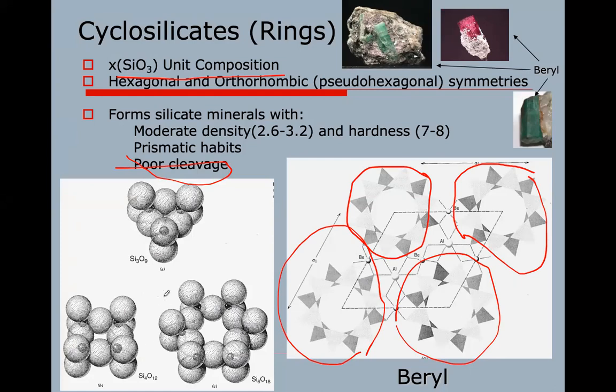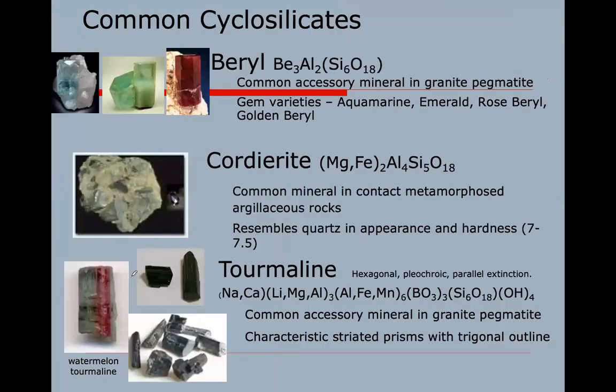So you can see here how they are interconnected. Depending on these rings, there can be different types of cyclosilicates formed. We will learn about the details later on, but we'll go through some introductory aspects of some such minerals belonging to this family.